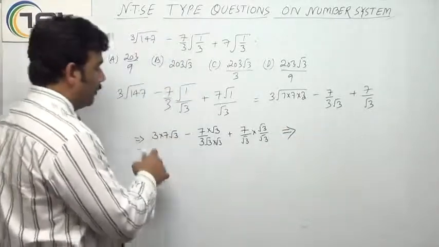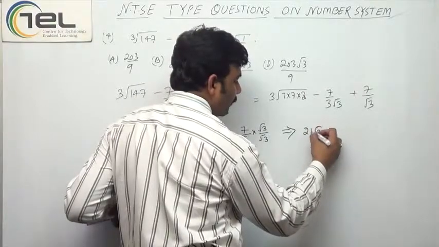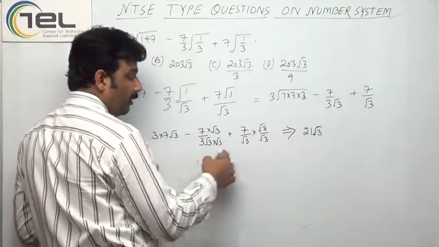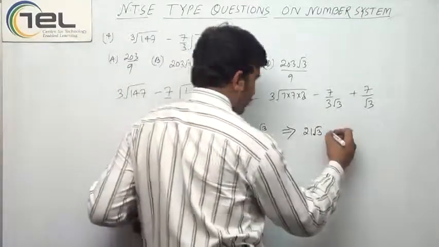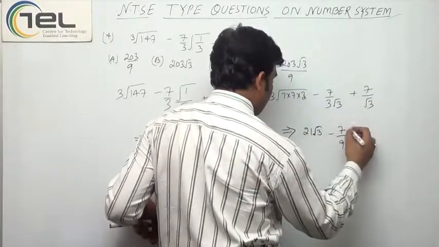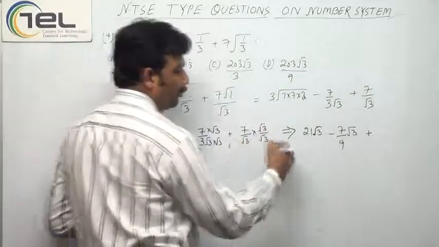So 7 into 3 is 21 root 3. The first part becomes 7 and here becomes 9, 3 into 3, 9, plus 7 by 9 minus root 3, and the last becomes 7 by 3 root 3.